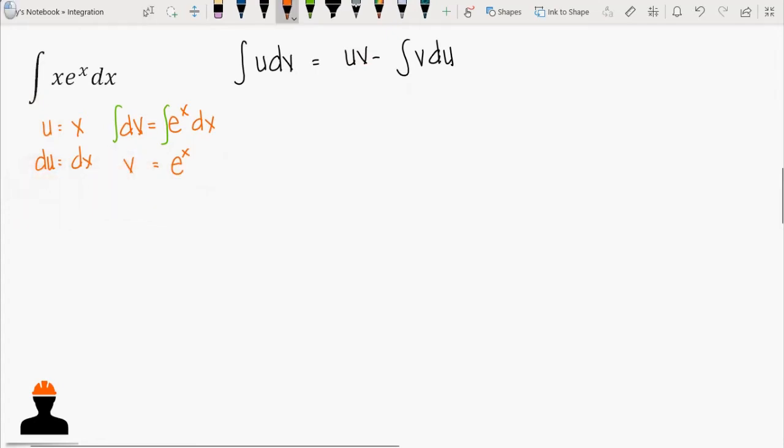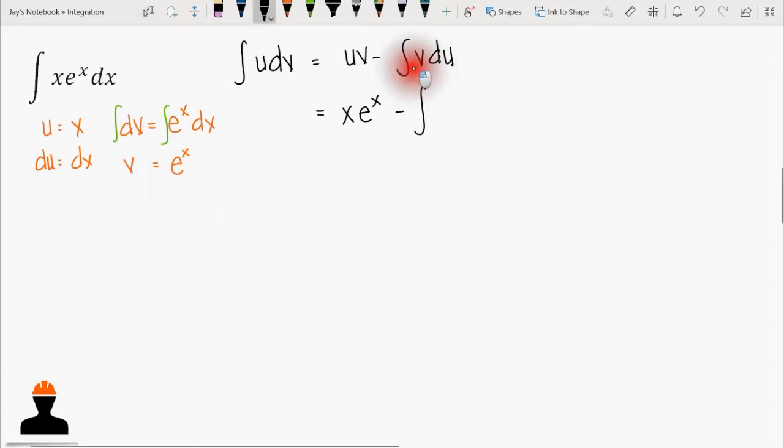Then we substitute all of these values in the formula. Our u is x, our v is e raised to x, minus the integral of v du.